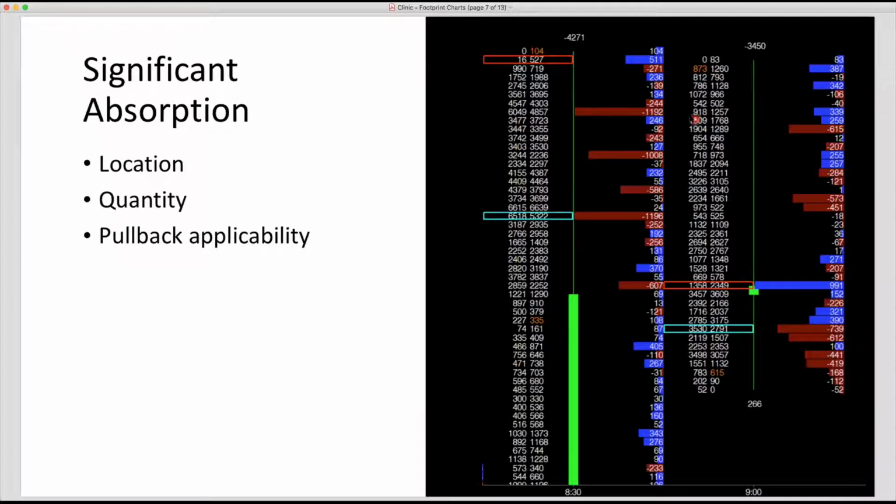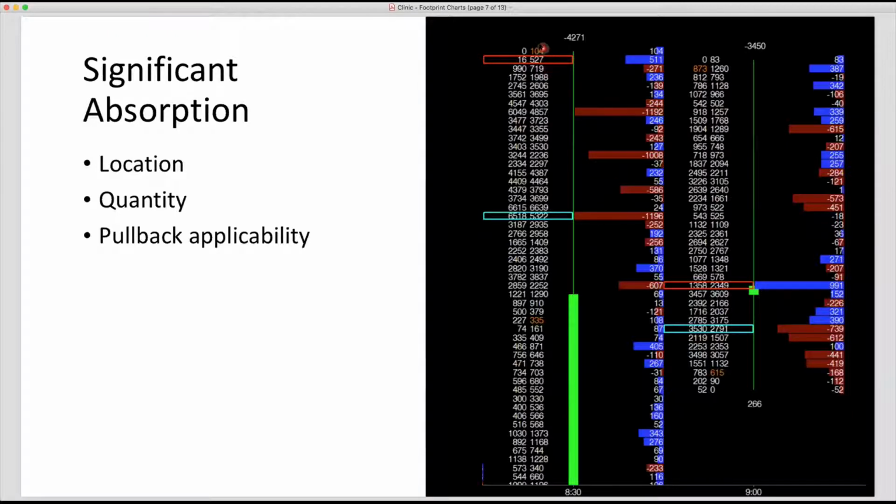What we can also do, if we crunch the volumes together, so if I was looking at a footprint of the whole session, then 527 plus 83 is 610 contracts. 1,260 plus 719 is, come on brain, 2,000 odd. We would have had exhaustion, even though we don't see exhaustion here.